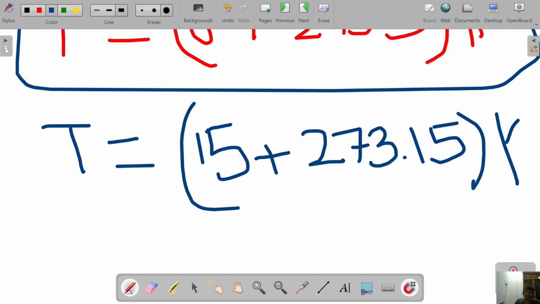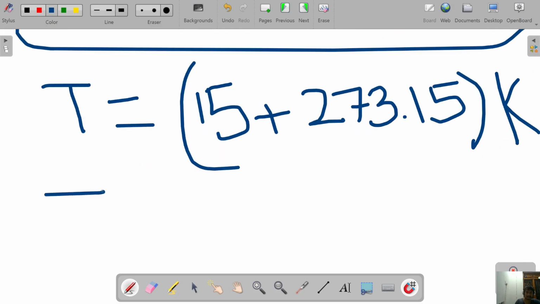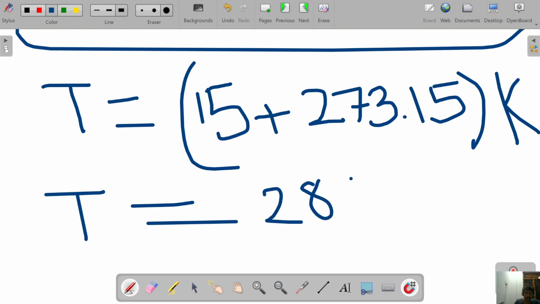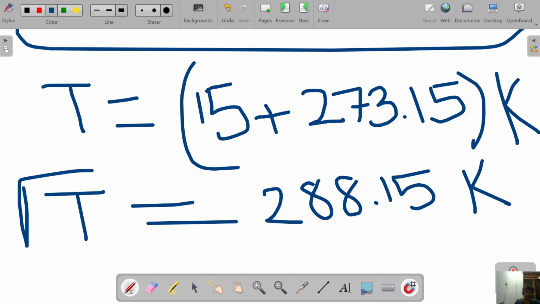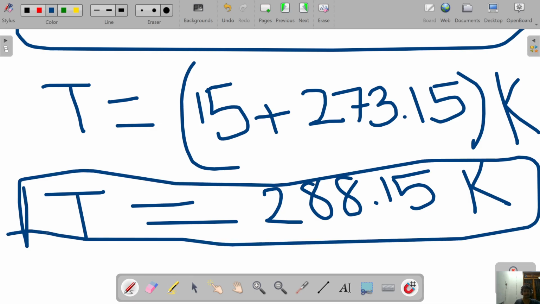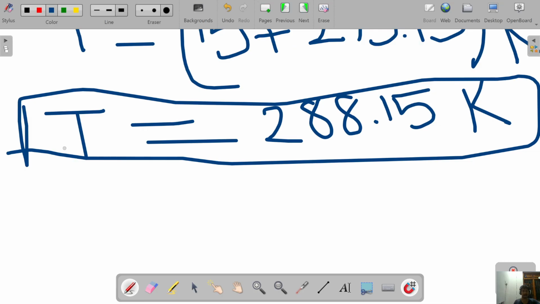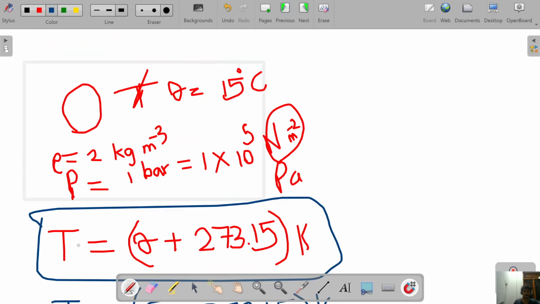If we sum the equation, we will get the final result that T is equal to 288.15 Kelvin. This is the initial temperature of the gas.